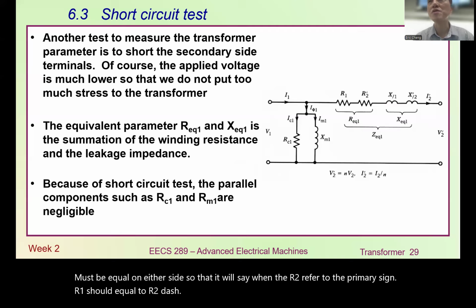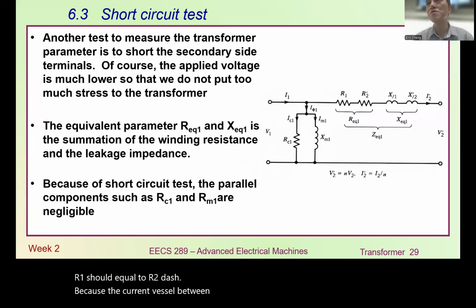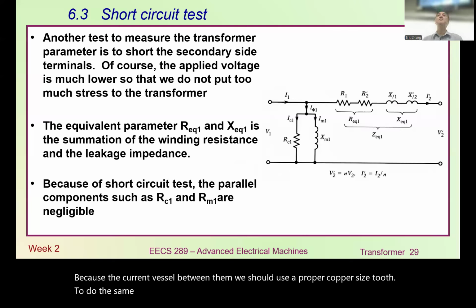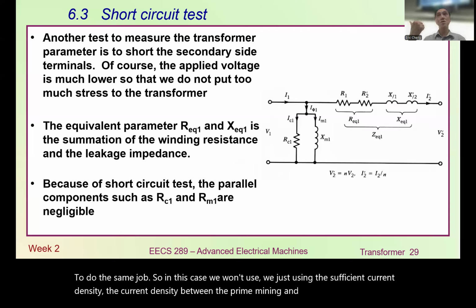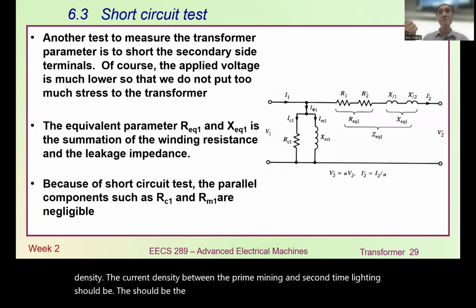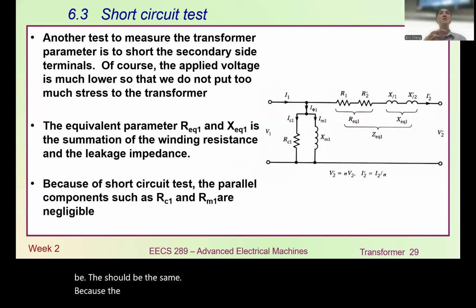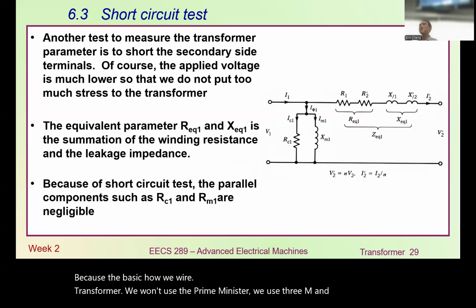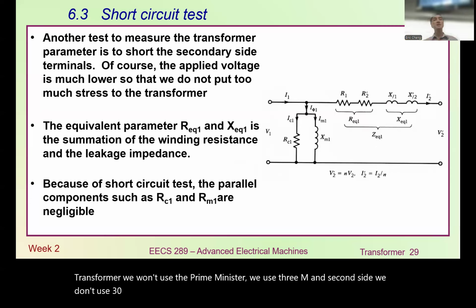Because of the current ratio between them, we should use a proper copper size to do the same job. We just use sufficient current density. The current density in the primary winding and secondary winding should be the same. That's basically how we wind a transformer. We won't use 3 mm on the primary side and not 30 mm on the secondary side. We use the same current density.